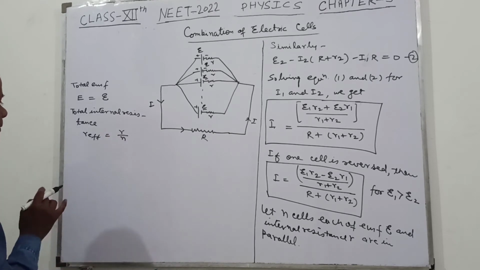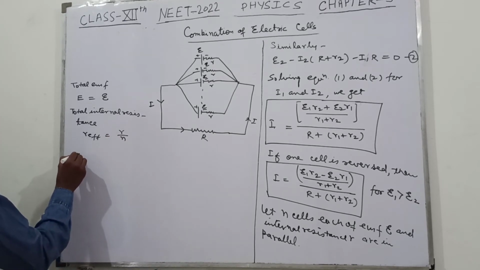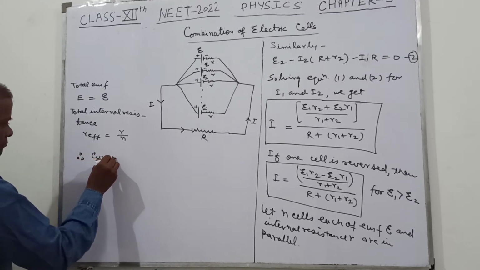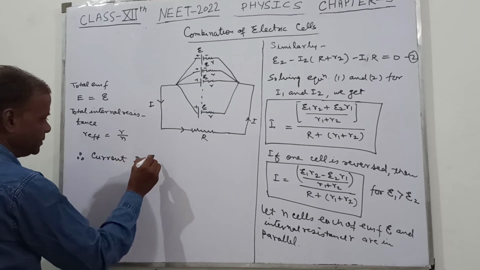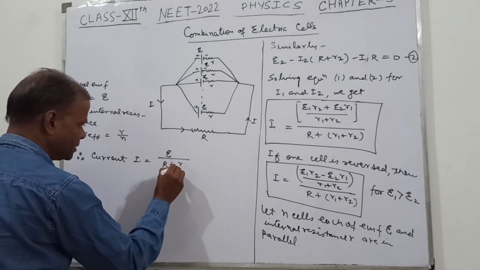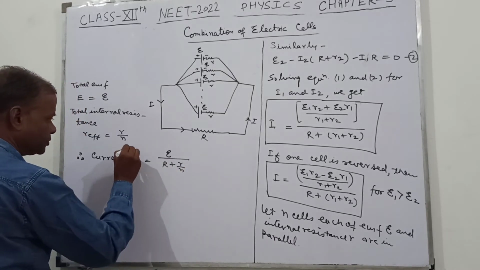So total current will be how much? Therefore current I is equal to E upon R plus R upon n.